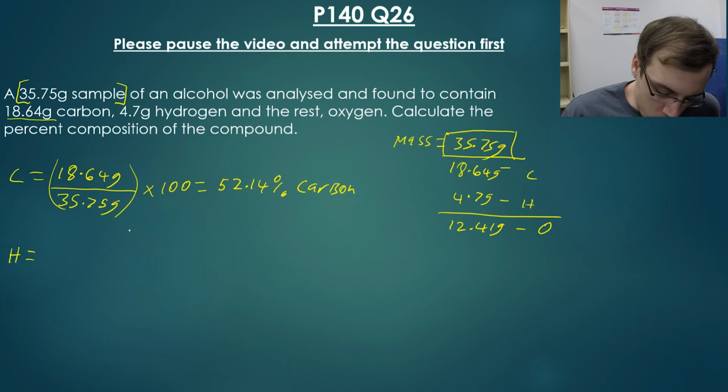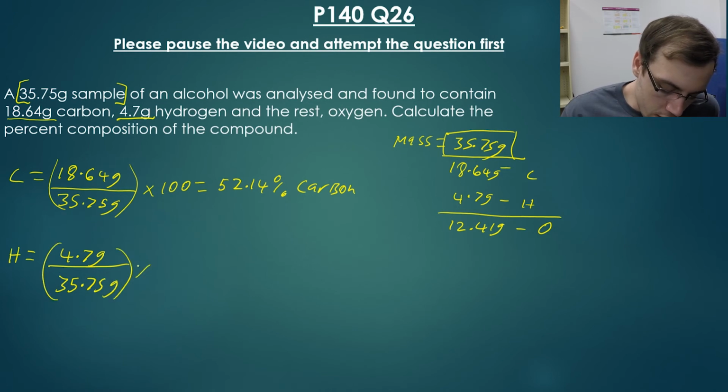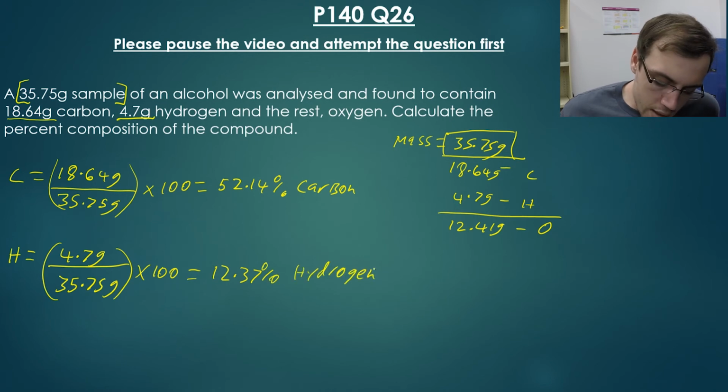So hydrogen was 4.7 grams. So we're going to have 4.7 grams divided by the total mass, which is 35.75 grams, times 100, and that's going to equal 12.37%.